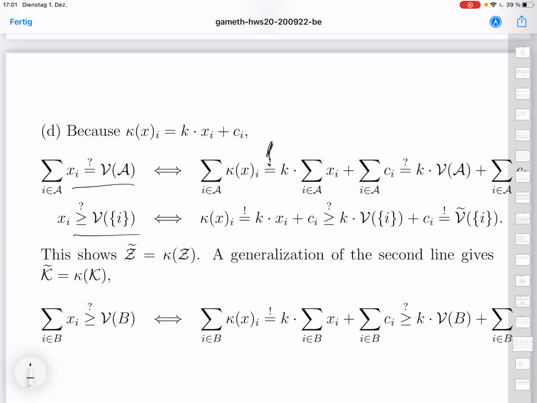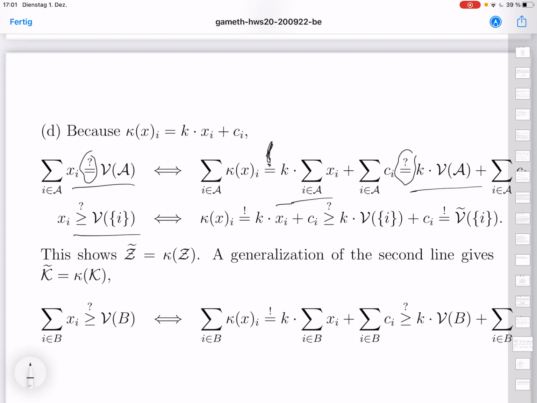It's the definition of our map kappa. And this equality holds if and only if this equality holds, because we have the sum of c_i on both sides, which cancels, and here we have just multiplied by k.